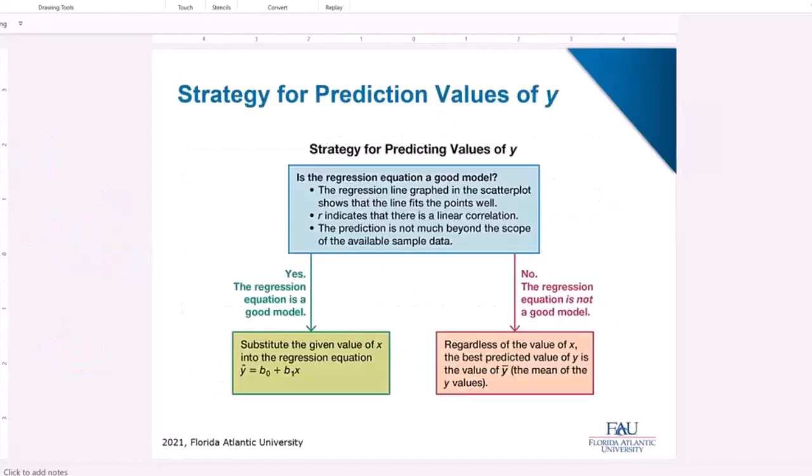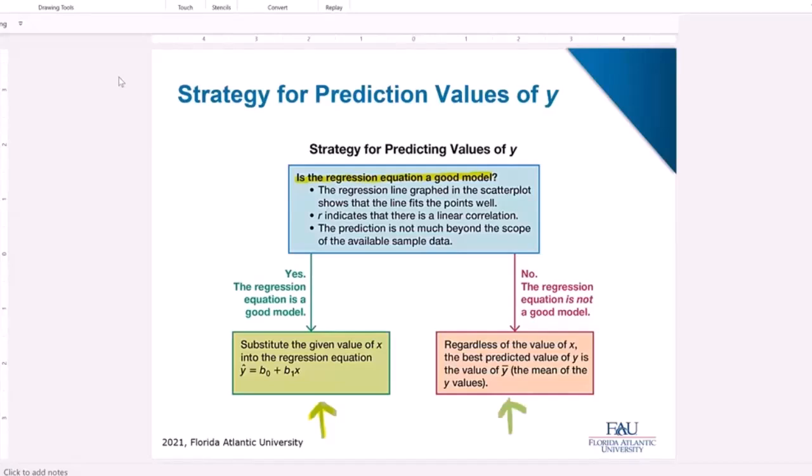The strategy for predicting values of Y. Is the regression equation a good model? The regression line graph in the scatter plot shows that the line fits the points well. R indicates there is a linear correlation, and the prediction is not much beyond the scope of the available sample data. If that's true, we substitute some value of X and get a value for Y. If that's not true, it's not a good model, then we do not use the regression equation.